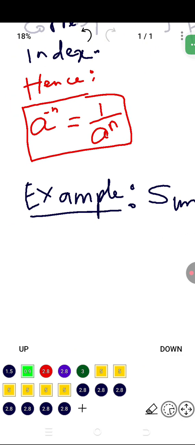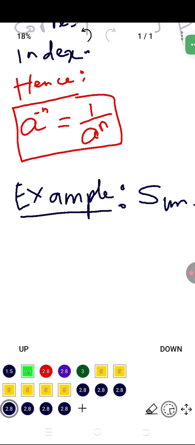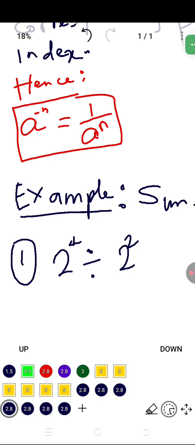Number 1, let's take 2 raised to power 4 divided by 2 raised to power 2.